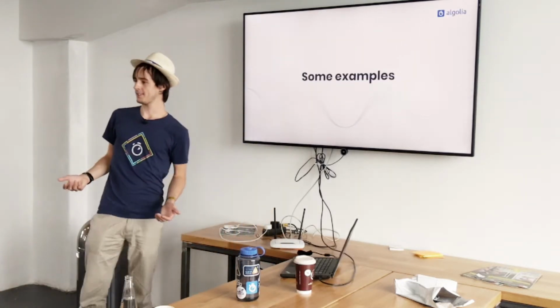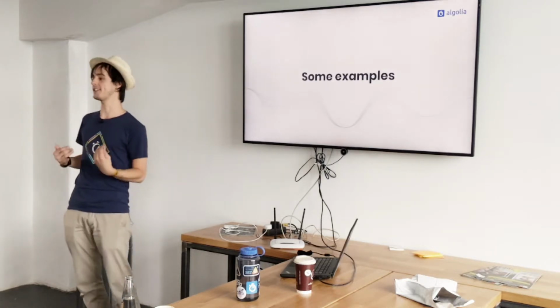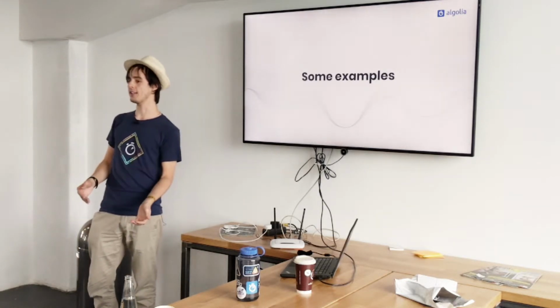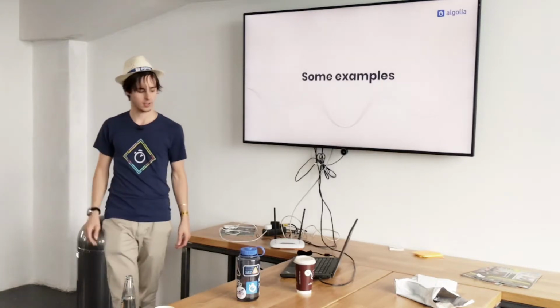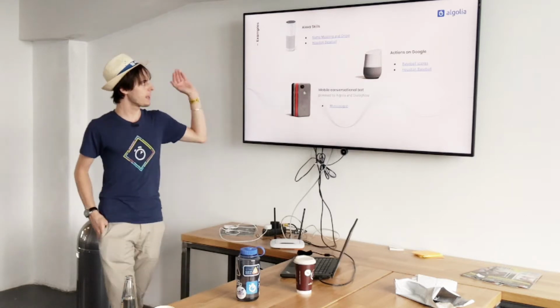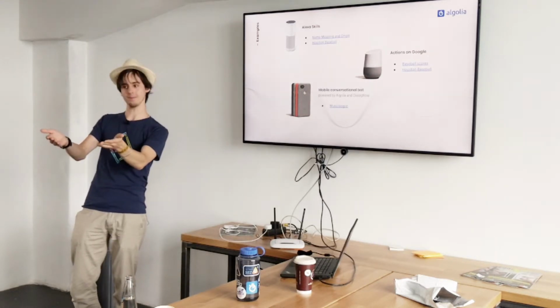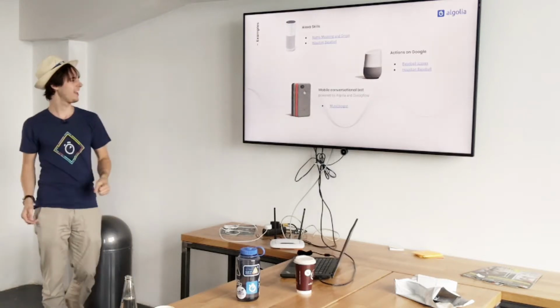To give you some examples, here is a selection of voice skills or voice interfaces that leverage Algolia to provide a good experience. There are some Alexa skills that you can check out. Name, Meaning, and Origin will tell you where your name comes from and what it means.